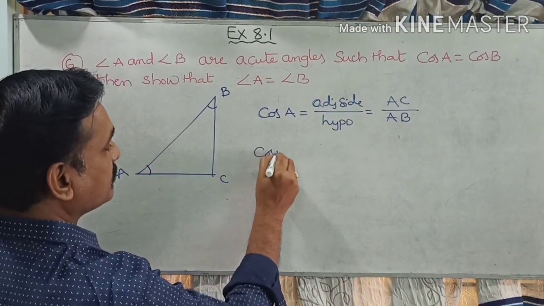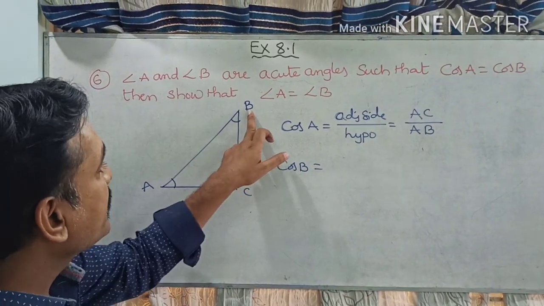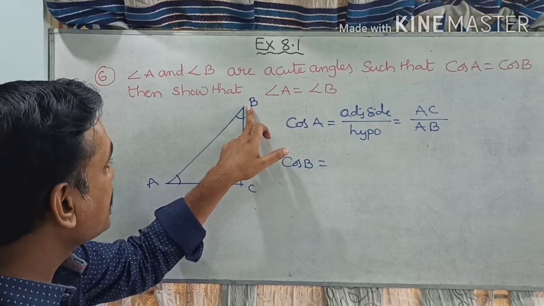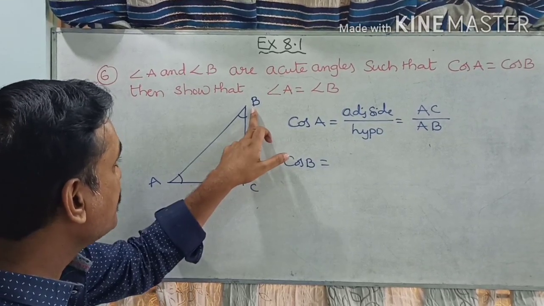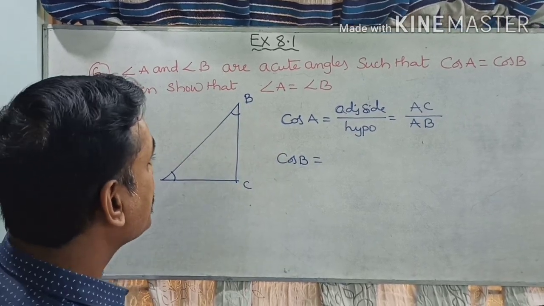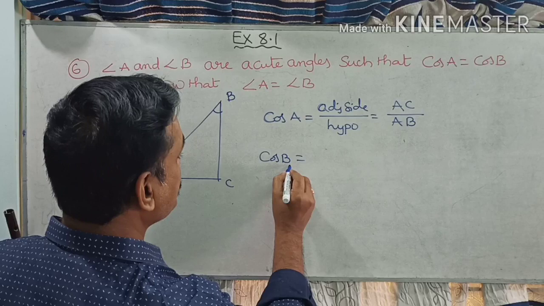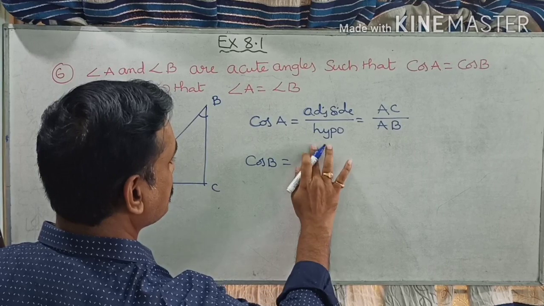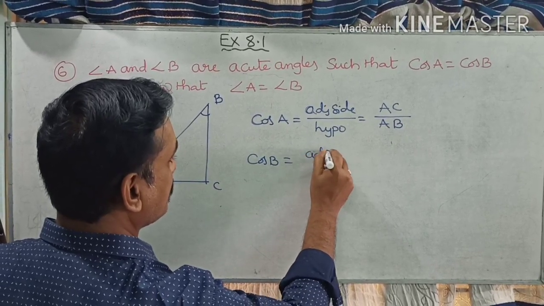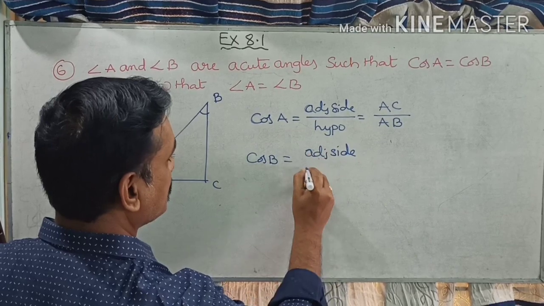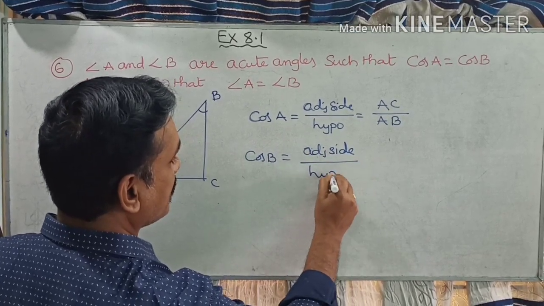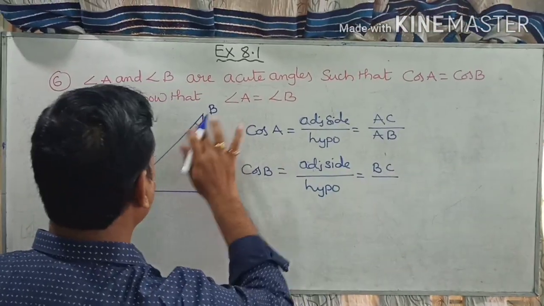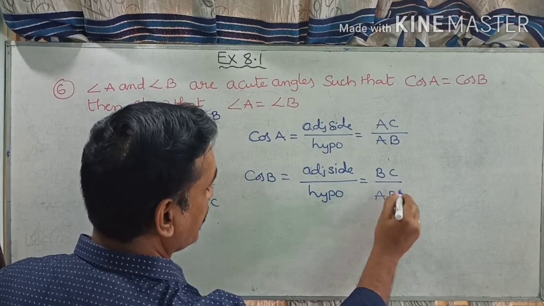Next cos B. Since the angle is located at the vertex B, the adjacent side for this angle B comes as BC and the hypotenuse is AB. So cos B equals adjacent side BC by hypotenuse AB.